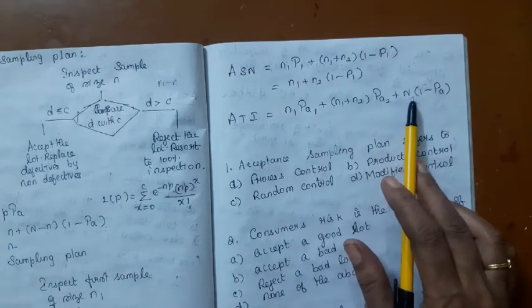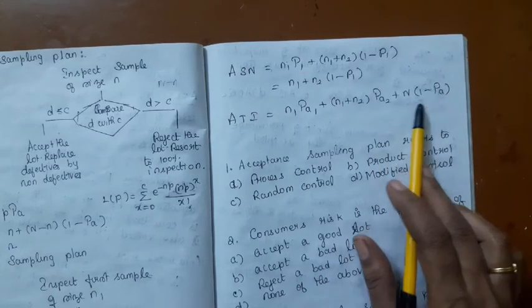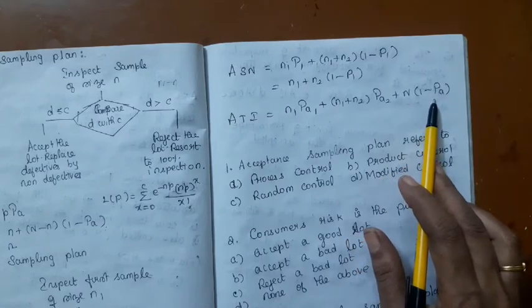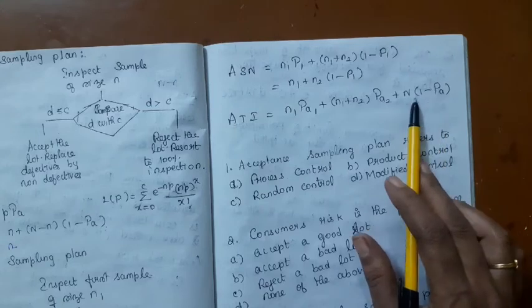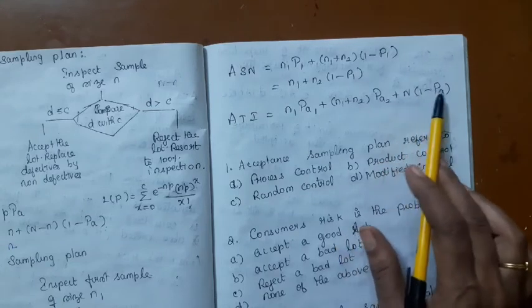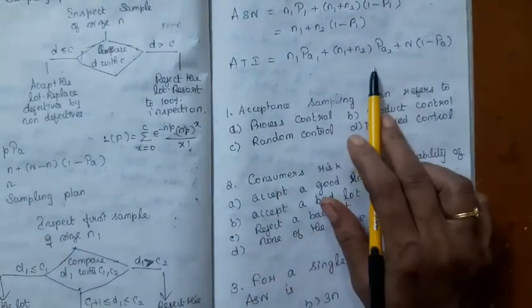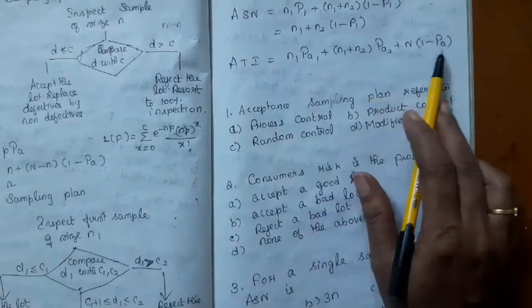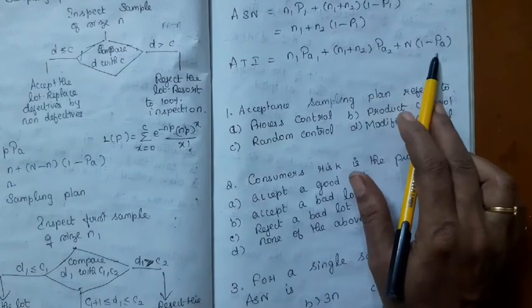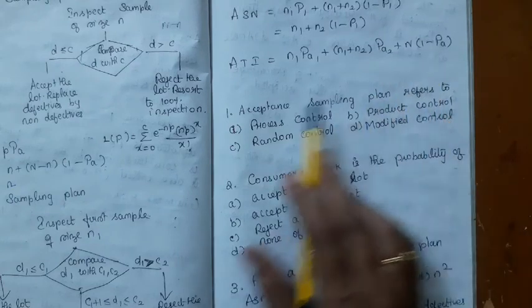Plus N into (1 minus PA). If you are not able to make a decision, you will go for 100% inspection, that is capital N into (1 minus PA). Now when you are not able to make a decision based on the first two samples, this is going to be the total number of units inspected.